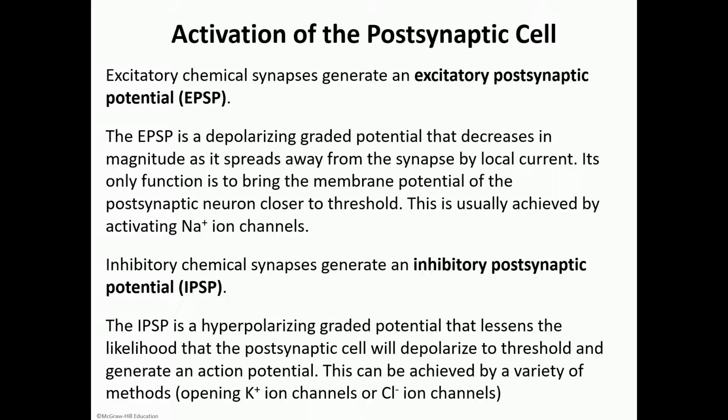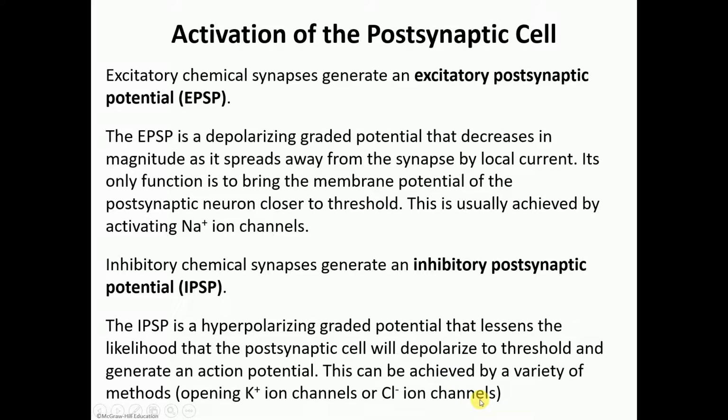But on the other hand, you could also be inhibiting. The other option would be to inhibit the postsynaptic neuron, and that is known as an inhibitory postsynaptic potential, or IPSP. In this case, you are definitely not opening up sodium channels. You are opening up either potassium ion channels or chloride ion channels.